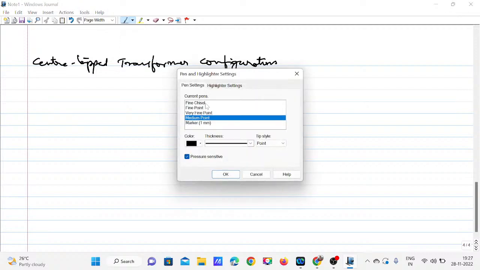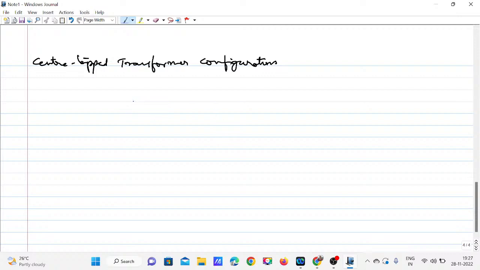Cycloconverter with resistive load, so it is with center tap transformer configuration also. So first one is center tap transformer configuration. How will this be? The circuit diagram for this one is like this.